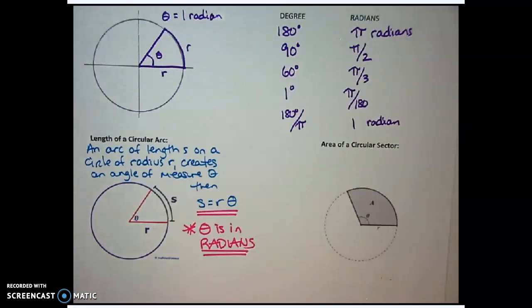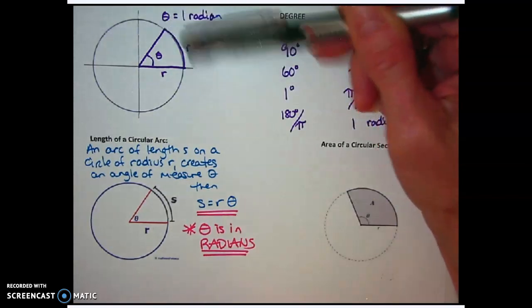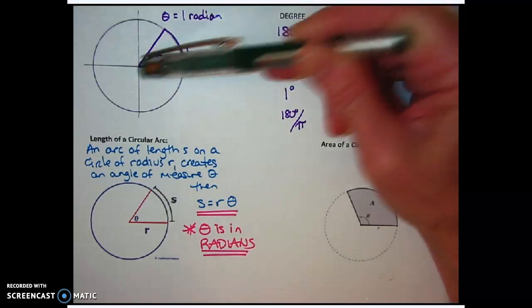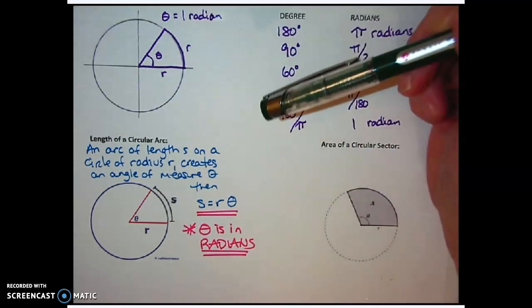So the length of a circular arc. If an arc of length s on a circle of radius r creates an angle of measure theta, wow, that's a lot. So if I have an arc length of r up here, circle of radius r, then my angle measure is going to be 1 radian.